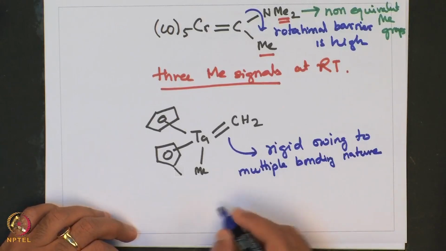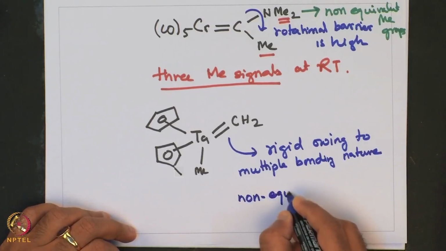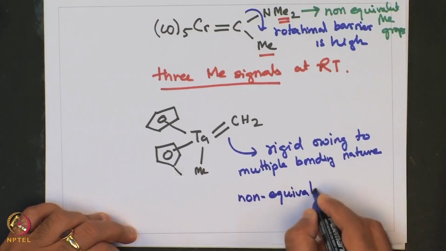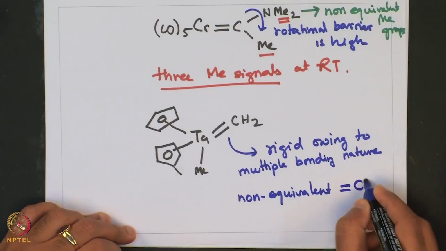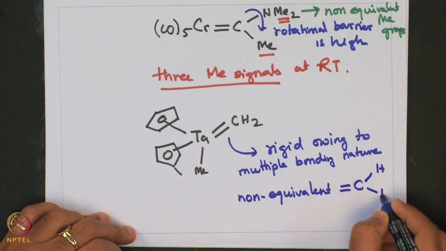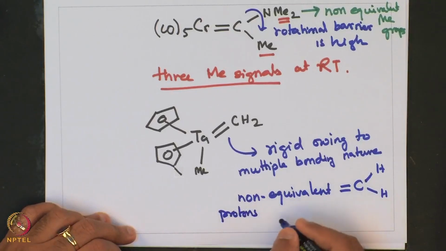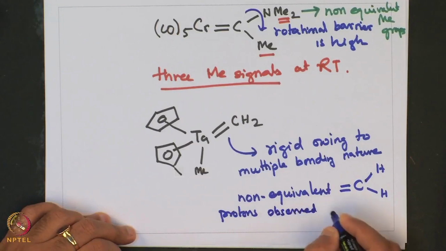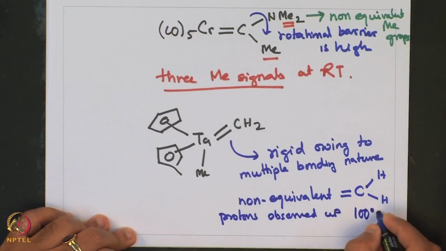As a result, non-equivalent CH2 protons are observed up to 100 degrees centigrade.